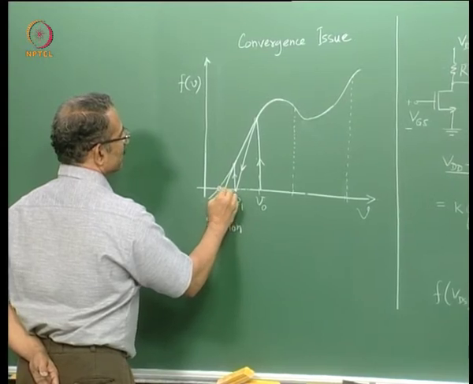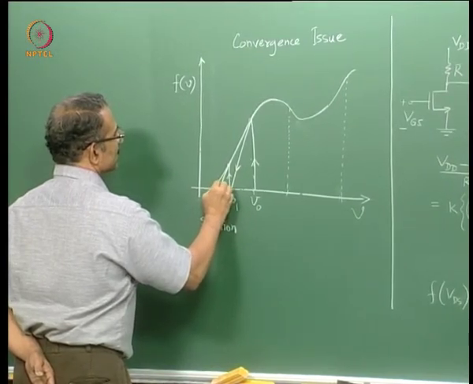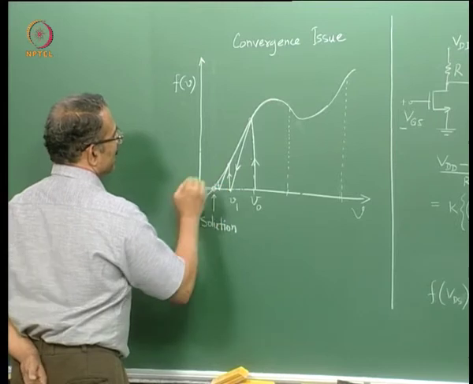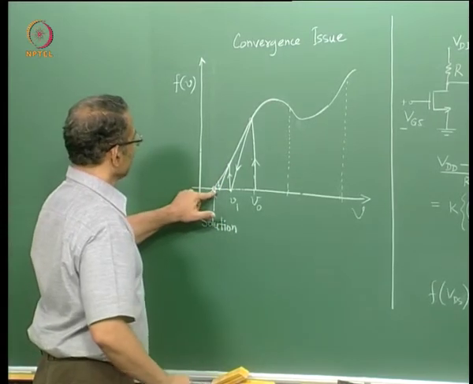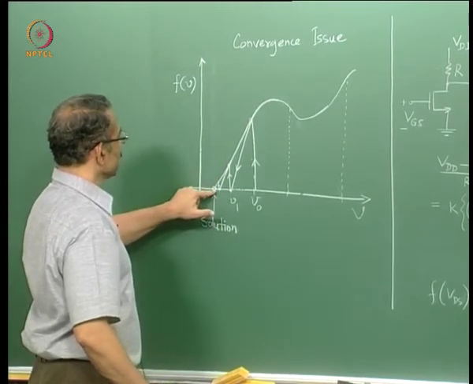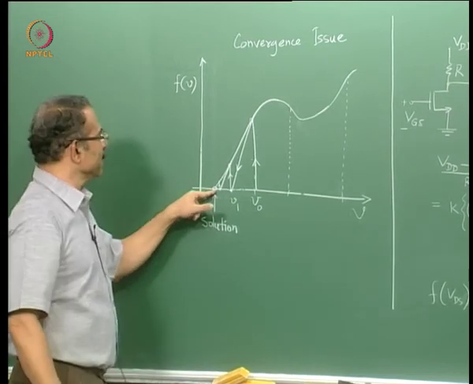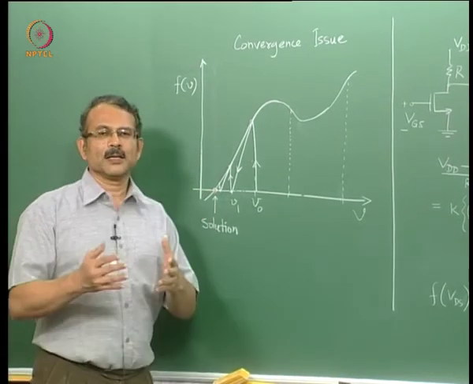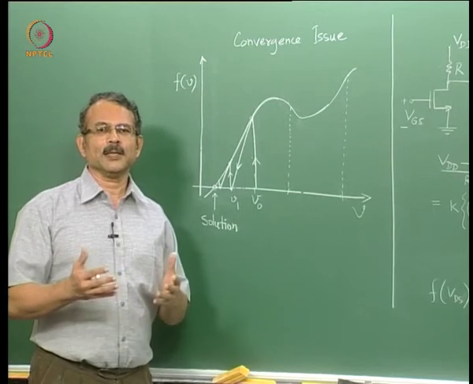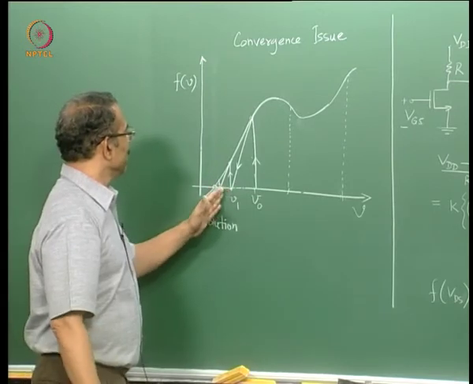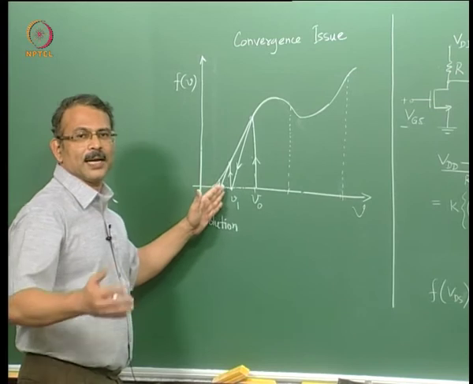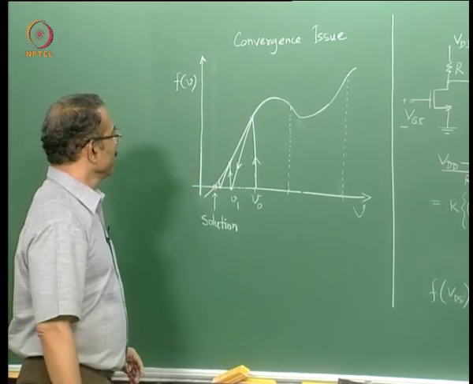So this is V2 and then I go on doing like this. So ultimately I will reach here, after a few iterations, very close to this point. Infinite number of iterations may be required to actually get to the point, but we can assume a certain level of accuracy and for that accuracy we can terminate the process after that level of accuracy is achieved.